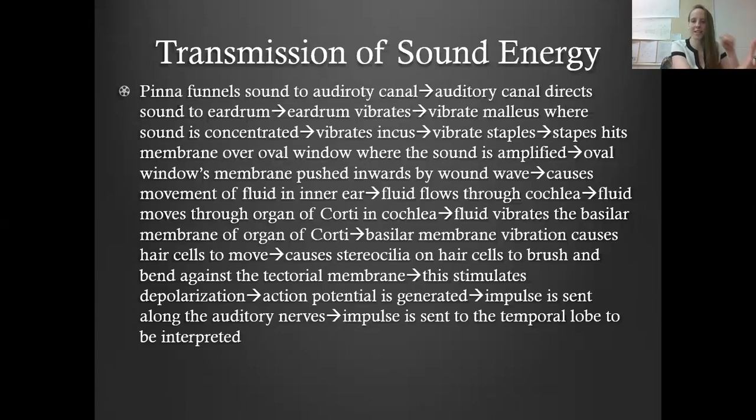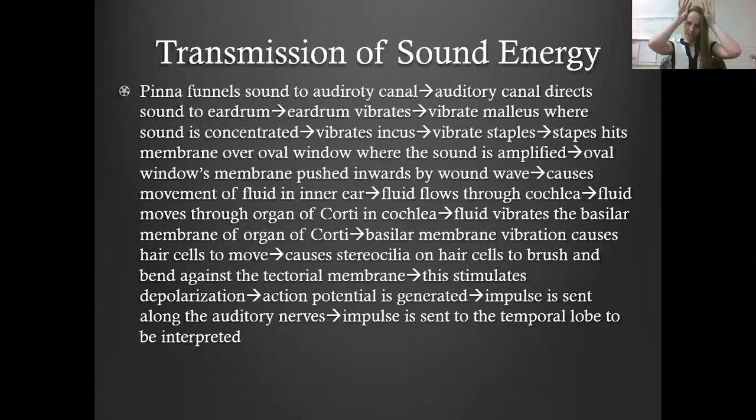The last ossicle hits the oval window. The oval window then pushes the sound wave inwards. It's going to cause the fluid in the cochlea to start swirling through the cochlea. That is then going to push against the basilar membrane in the organ of Corti. That basilar membrane getting pushed upwards is going to cause the hair cells to get pushed upwards.